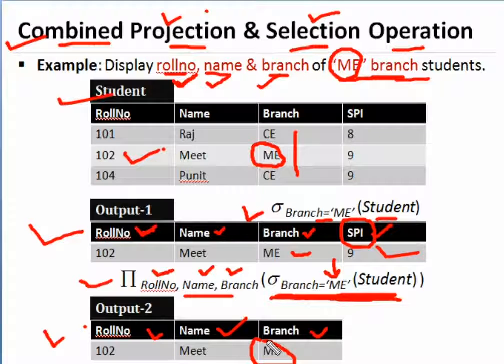Remember always one thing: when you have to combine projection with selection, always first apply the selection operation and then apply the projection operation. Sometimes, suppose you first apply the projection operation and the result doesn't include the branch column, then how can we apply the selection operation if we don't have a branch column?